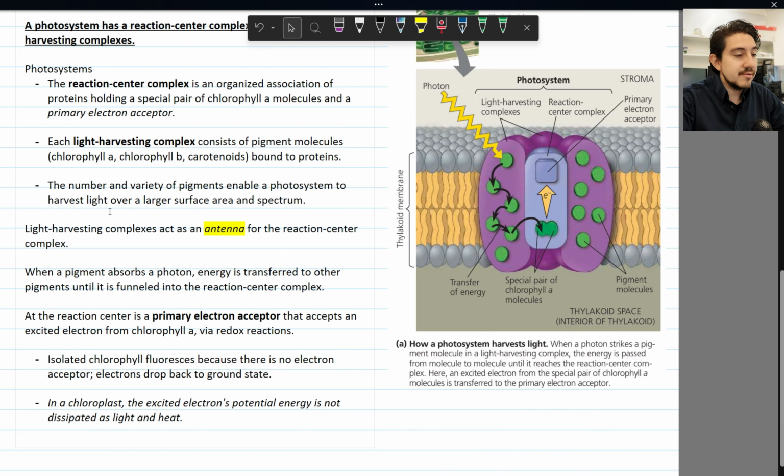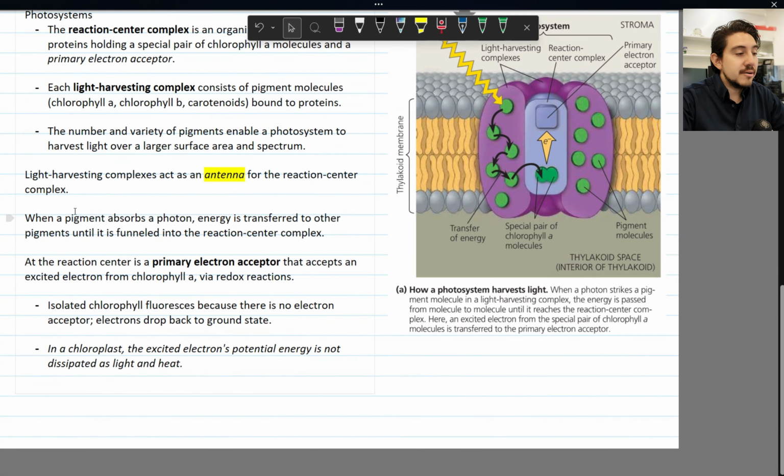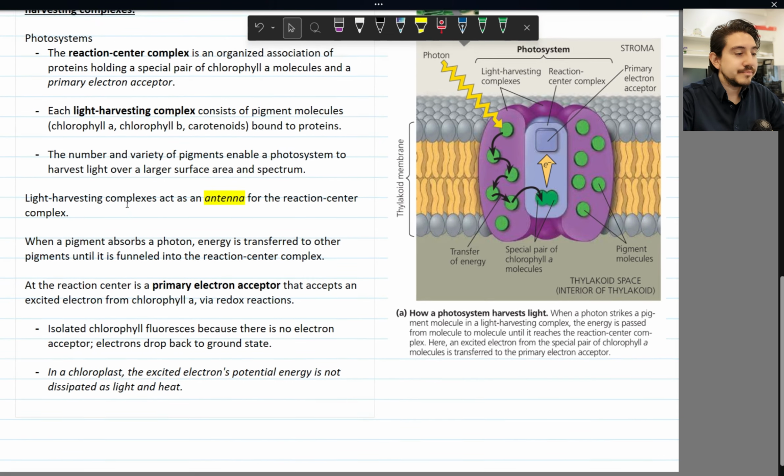Okay, you also have a larger surface area. Of course, more surface area, more light being harvested, more energy being collected for the reaction centers. So the light harvesting complexes can act like an antenna for the reaction center.